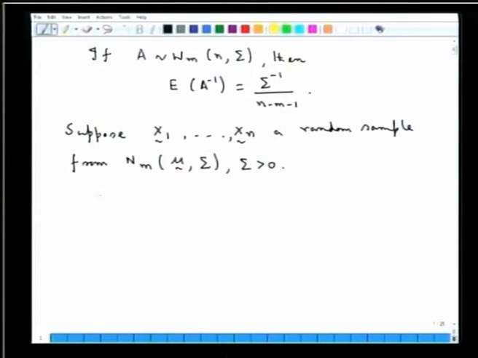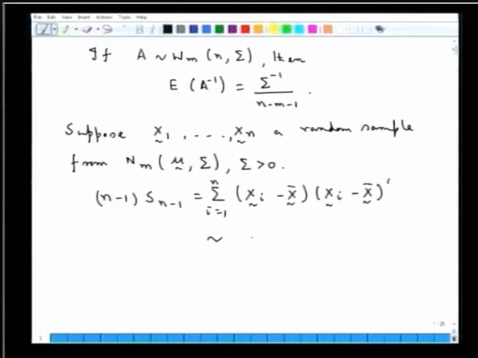We know that n minus 1 times S, let me write it as S n minus 1 to indicate that this is the sample variance covariance matrix with a divisor n minus 1, is the sum over i equal to 1 up to n of xi minus x bar into xi minus x bar transpose. And we had seen from the result proved in the last lecture that this has a Wishart distribution on m dimension with n minus 1 degrees of freedom and an associated variance covariance matrix sigma.